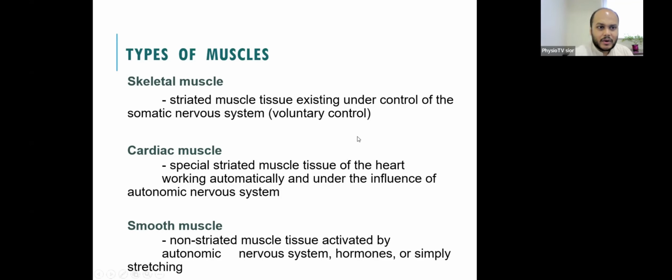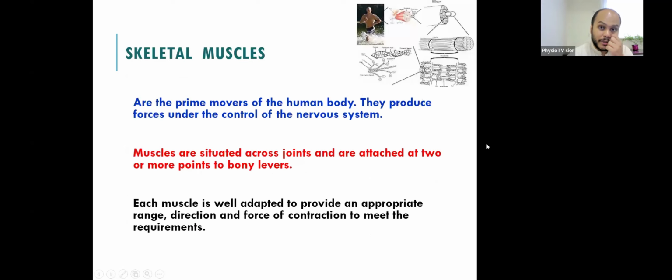Moving on quickly, we move on to the properties of the skeletal muscle. Skeletal muscles are basically important in our body because they are the primary muscles responsible for our movement. They are the reasons why we can ambulate, why we can perform our daily activities so smoothly. The force that they produce is generally controlled by our nervous system.